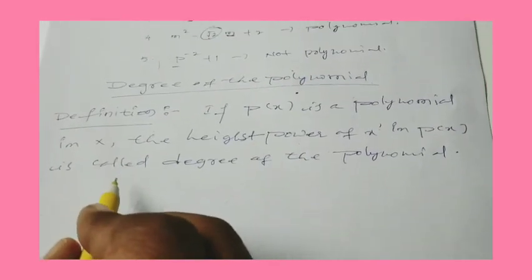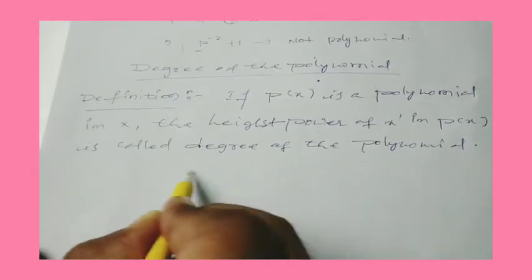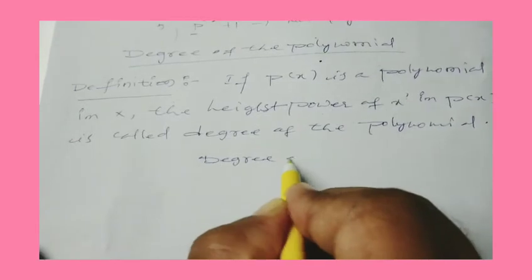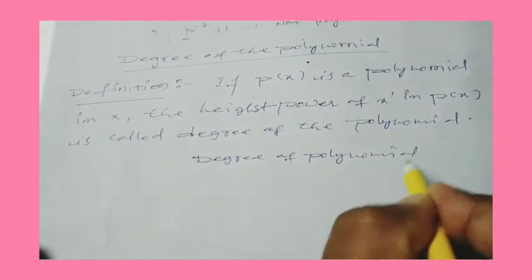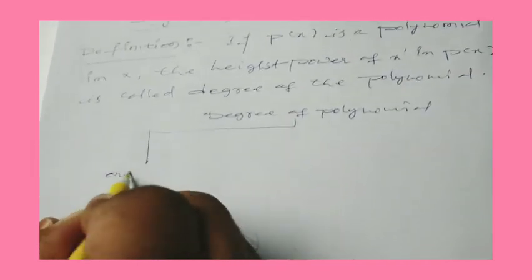Now, for the degree of a polynomial, we can see two types, children. One is one variable.